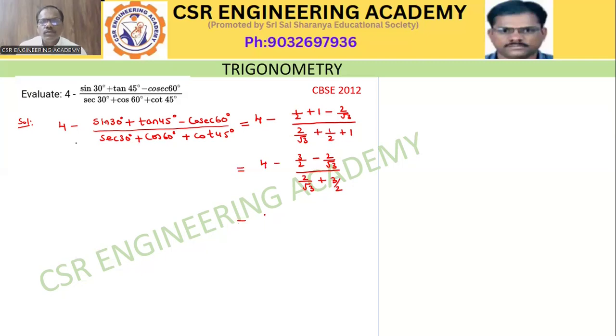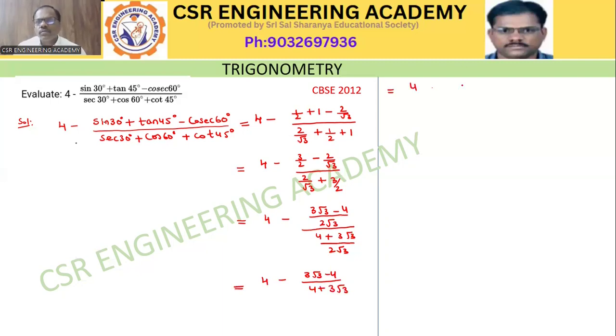That gives 4 minus 3 root 3 minus 4 divided by 2 root 3, divided by 4 plus 3 root 3 divided by 2 root 3. Here 2 root 3 cancels, so we get 4 minus 3 root 3 minus 4 divided by 4 plus 3 root 3.